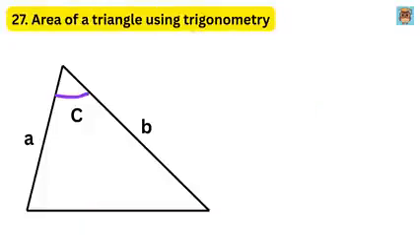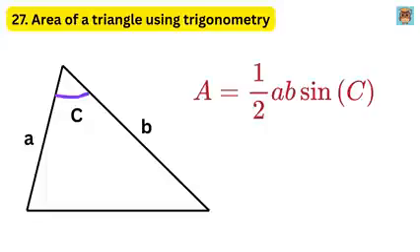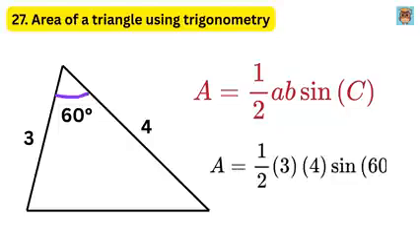27. To find the area of a triangle using trigonometry, we can use the formula 1/2 times 2 sides times the sine of the angle between them. For example, if the sides are 3 centimeters and 4 centimeters, and the angle between them is 60 degrees, the area is 1/2 times 3 times 4 times sine 60.